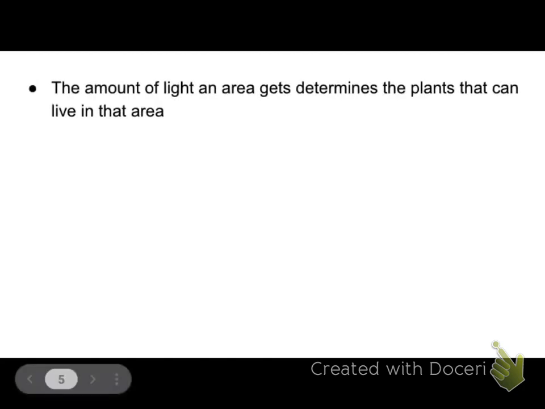The amount of light that an area gets determines which plants can live in that area. Some plants, as I'm sure you have observed in your everyday life, can survive on less sunlight than others. So, when an area only gets a specific amount of sunlight, that determines that specific types of plants can live there, and then sometimes it decides that some plants cannot live in that area.